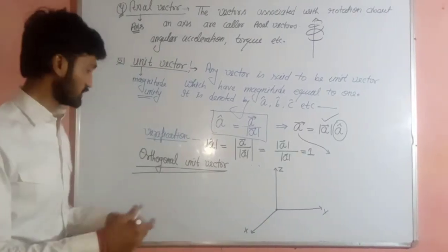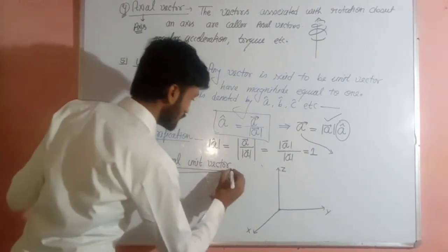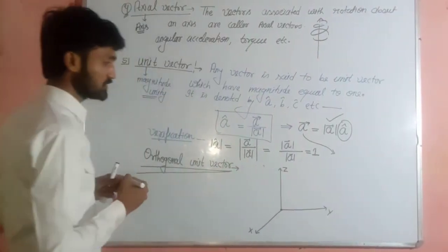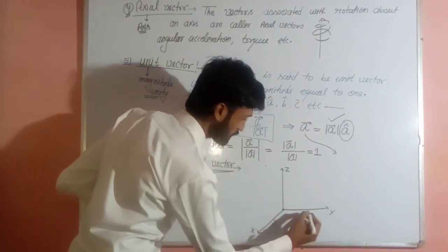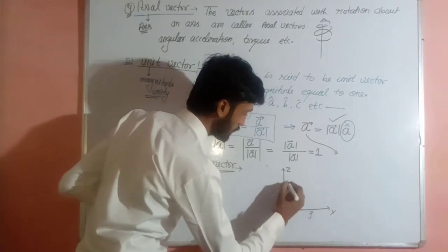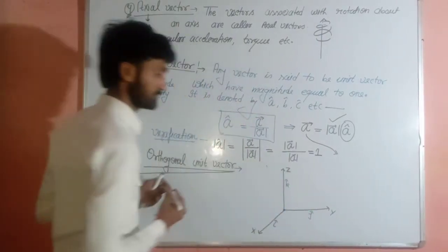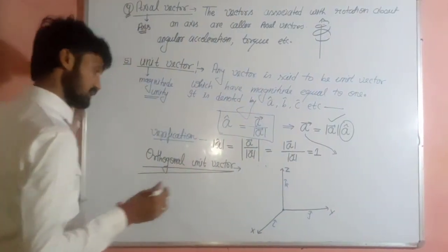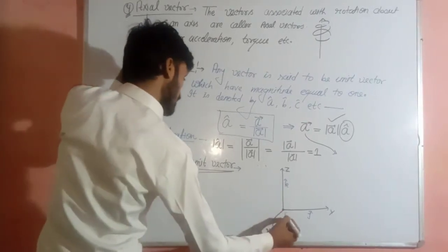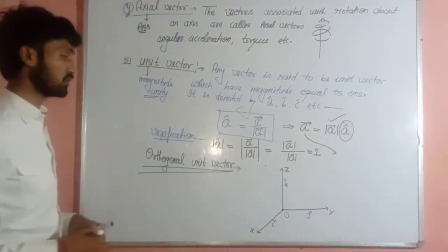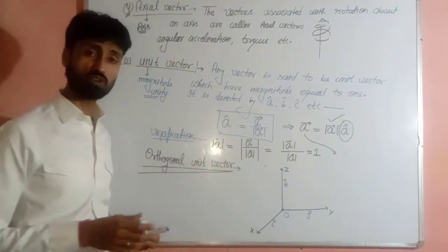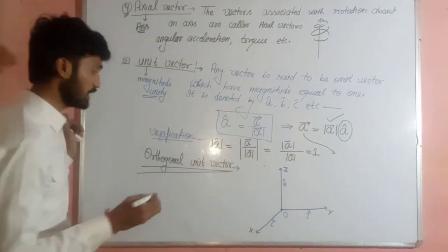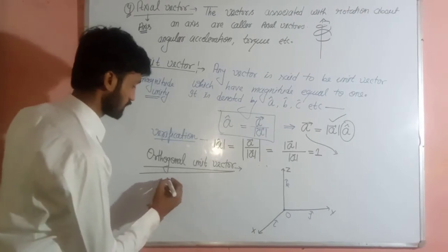Okay, so see now. Suppose along this the unit vector is i cap, along this the unit vector is j cap, along this the unit vector is k cap. You know very well about the Cartesian coordinate system, so we cannot write more about it. I take here only these two things.